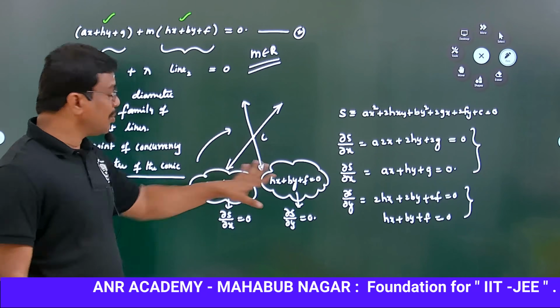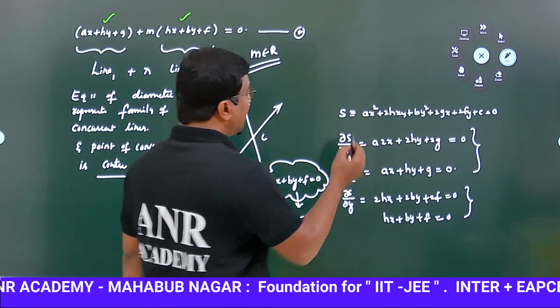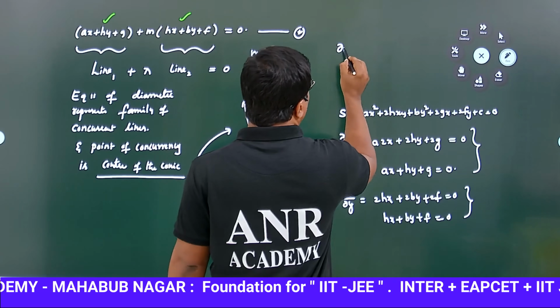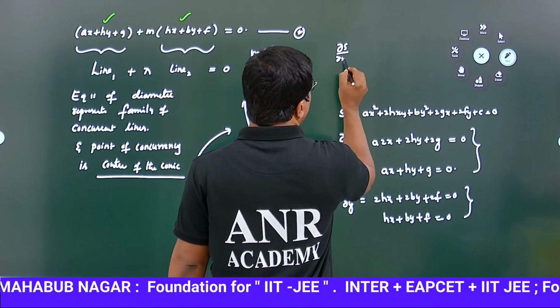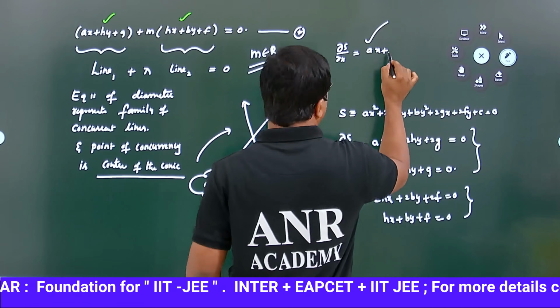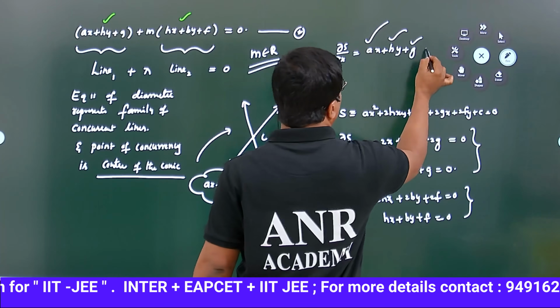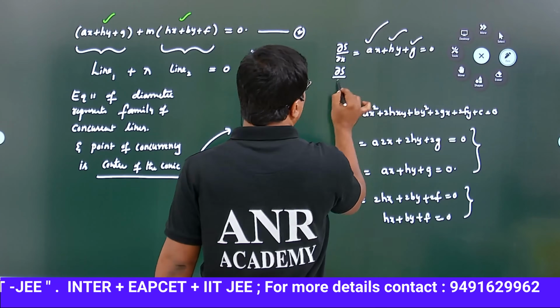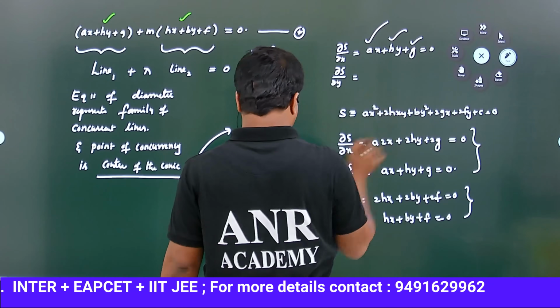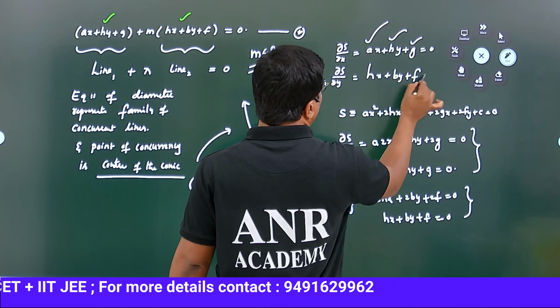Also remember these two lines, we can easily remember like this. Here observe the equations, what you have, dou s by dou x, in which you have x coefficient ax, next hy plus g equal to 0, and also you have dou s by dou y, this is hx plus by plus f.